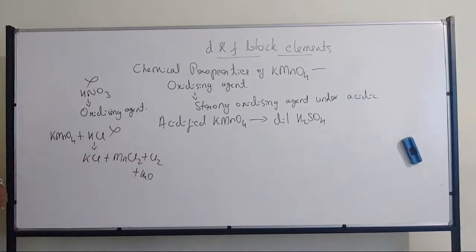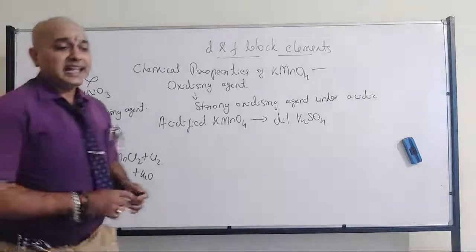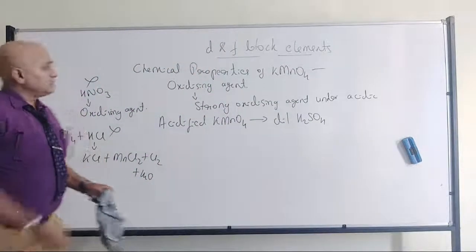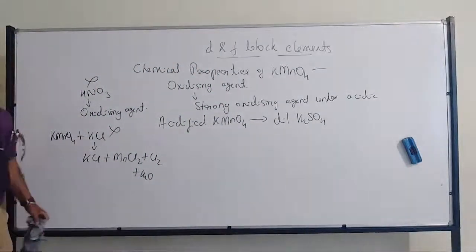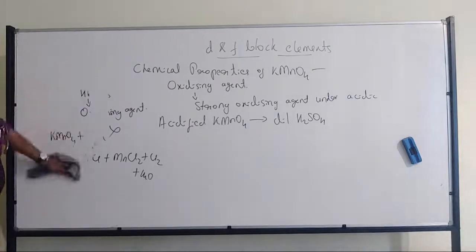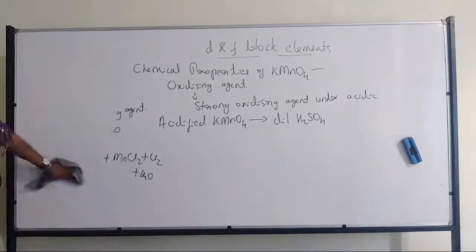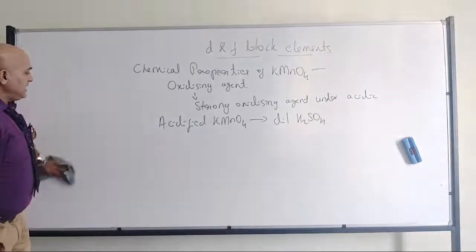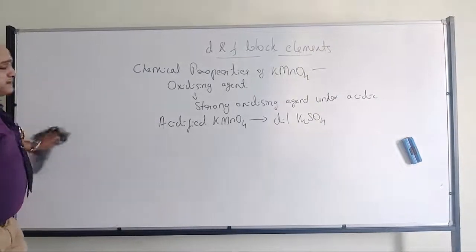There will be liberation of chlorine gas. All of you have understood? This one is not there in your textbook. I have not balanced the equation. So these are the reasons why acidified KMnO4 always goes with sulfuric acid.